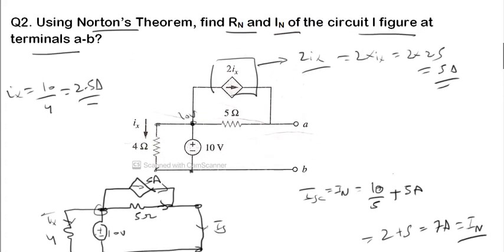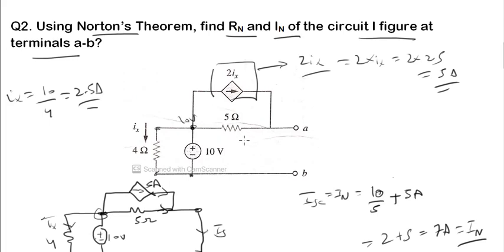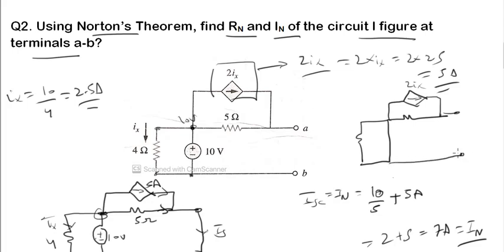Now we have to calculate the Norton resistance. For calculating the Norton resistance, we have to short circuit the voltage source. Okay, by short circuiting the voltage source, and 5, this 4 ohm is across this, no current is flowing through 4 ohm.